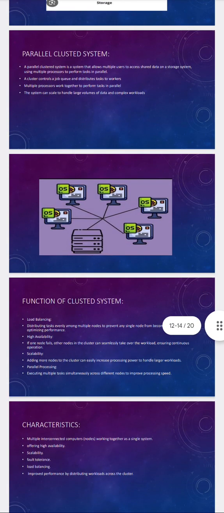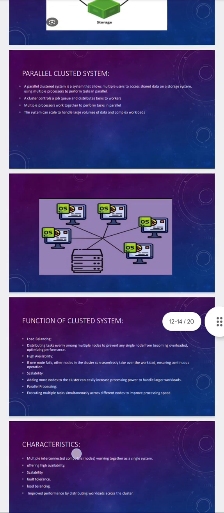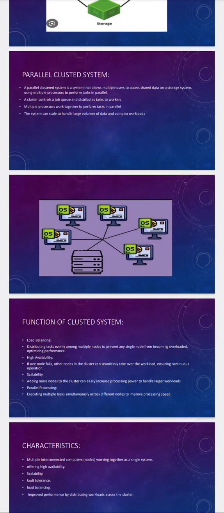Next, the functions of the clustered system. The major functions are load balancing, high availability, scalability, and parallel processing. First, load balancing is distributing tasks evenly among multiple nodes to prevent any single node from becoming overloaded, optimizing performance.